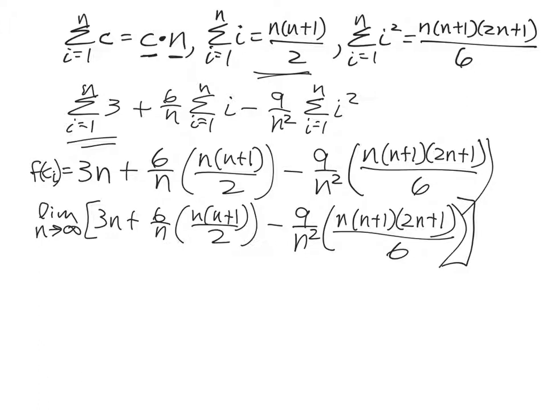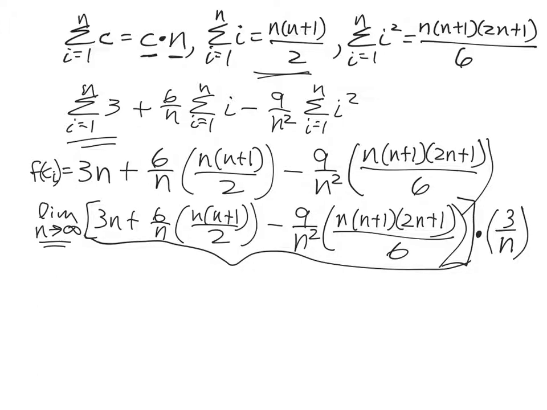Now we're taking the limit of f of c sub i, or the f of x sub i we came up with, times, don't forget, our delta x was the 3 over n. So back to the entire expression. Now we're going to have one huge limit to simplify algebraically, and then finally do a little bit of calculus as we apply n approaches infinity.